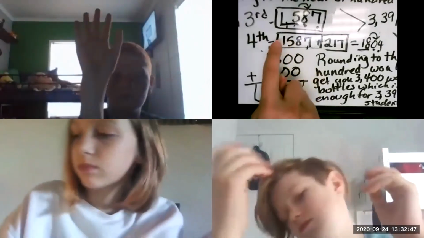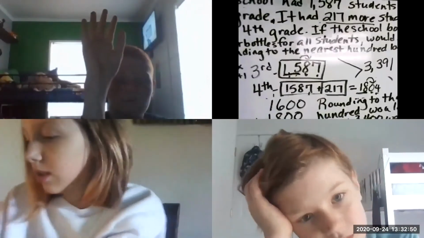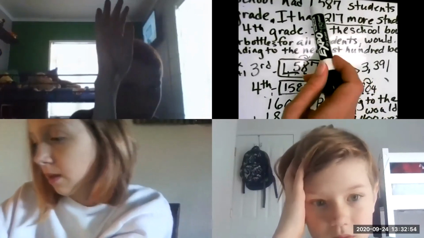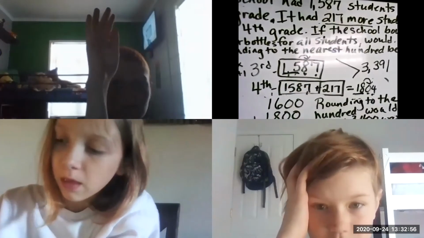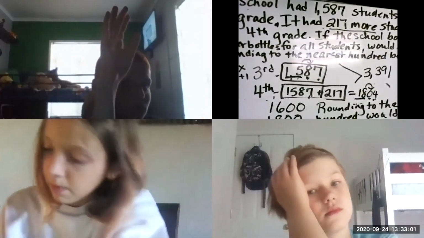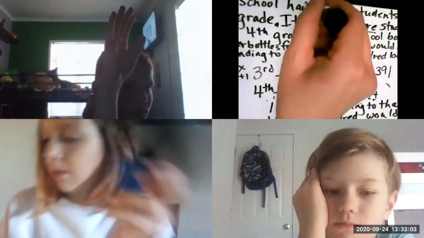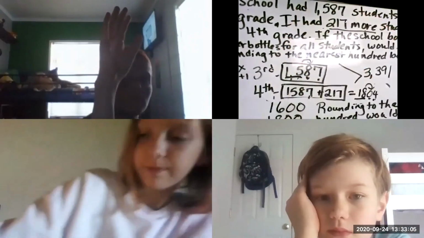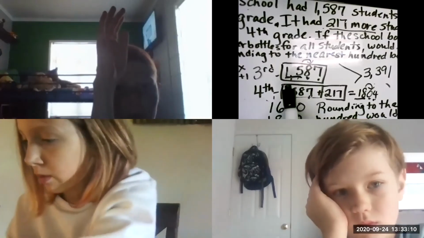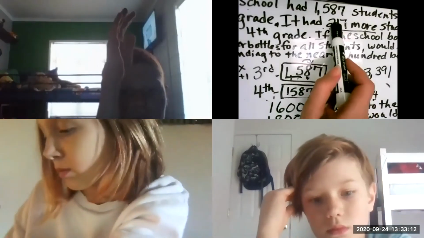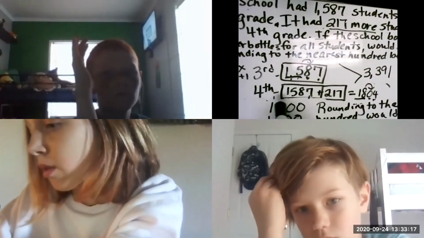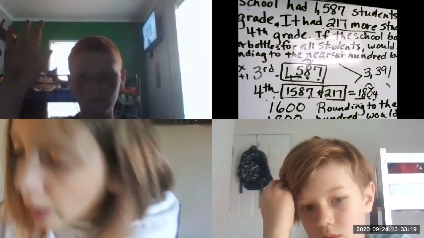A lot of kids might see 1,587 in the word problem, and they might see 217 in the word problem and just automatically think, oh, I'm supposed to add 1,587 plus 217 and then be done. But the tape diagram makes you actually say, oh, nope, it's saying 217 more. So I know that I have to find this answer first before moving on.